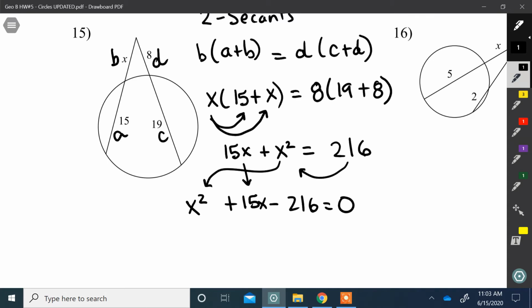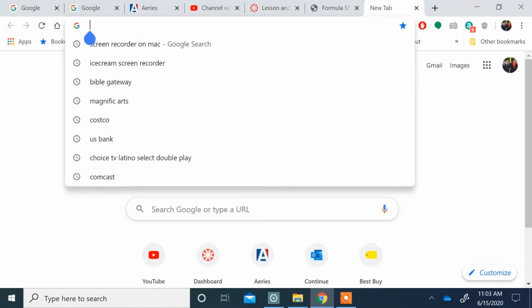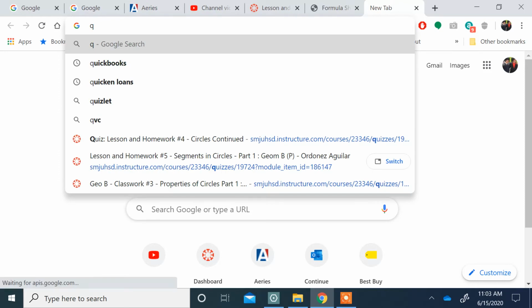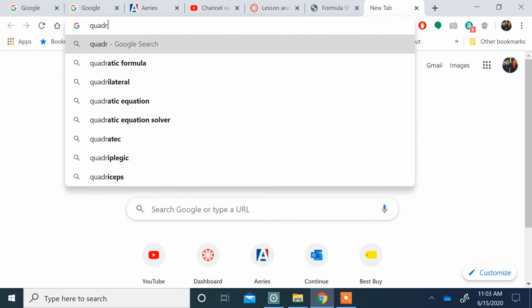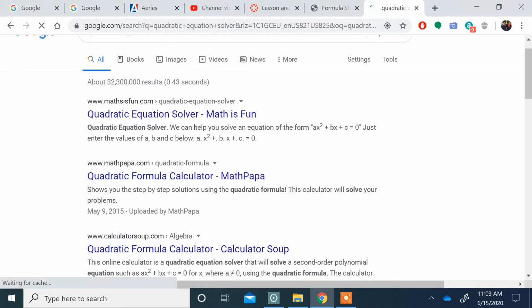So here's what you're going to do. If I go to Google, I'm going to look for quadratic formula. It has a quadratic equation solver. Let's try that one.